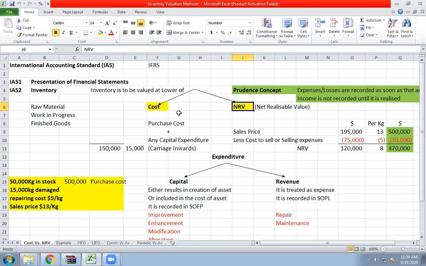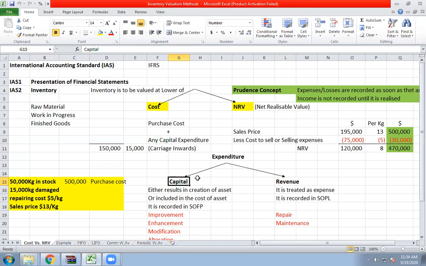So first of all, let's look into cost. What is cost? Cost is the purchase cost plus any capital expenditure. Whatever expenditure we incur on that inventory, which is to be included in the value of that inventory, is known as capital expenditure. So first of all, let's explain what capital expenditure is. We normally have two types of expenditure.